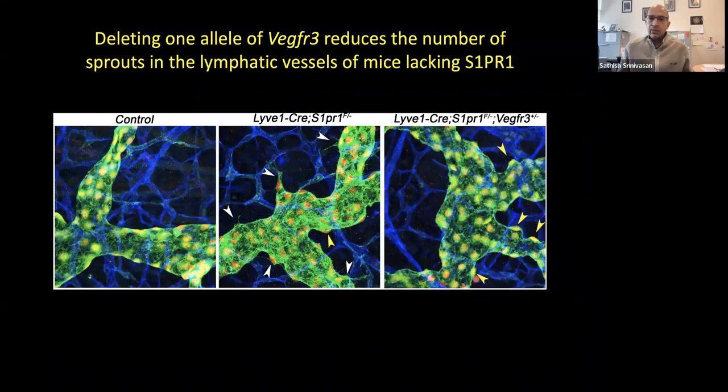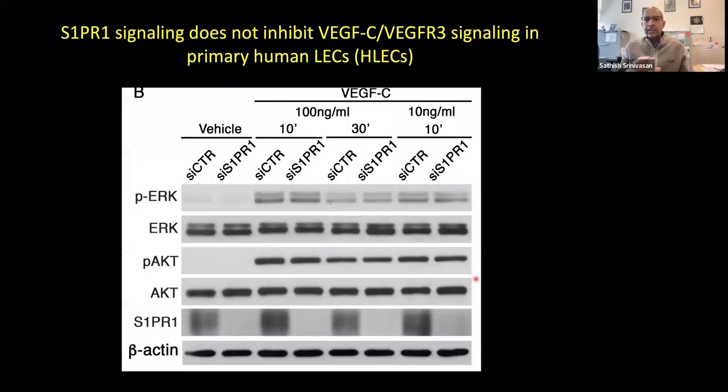So we started to study how it could be doing it. One of the basic things that we do in the lymphangiogenesis or angiogenesis field is to treat primary human endothelial cells, either lymphatic or blood endothelial cells, with the morphogen, either VEGF-A or, in this context, VEGF-C. So we treated the cells with VEGF-C either in a control context or in cells in which we knocked down S1PR1.